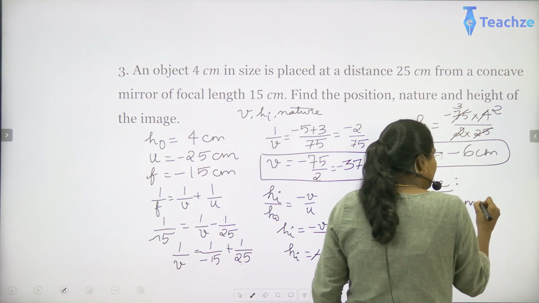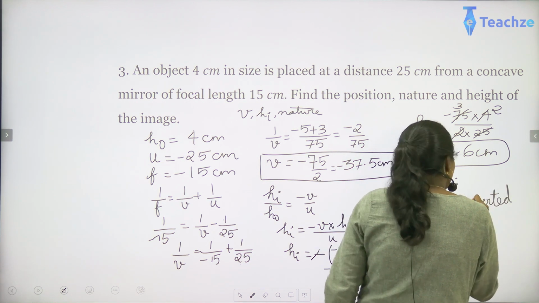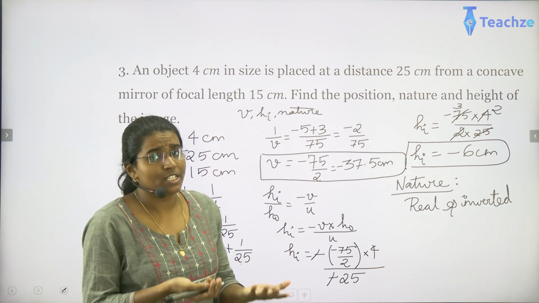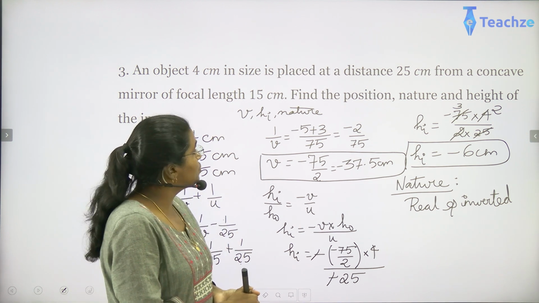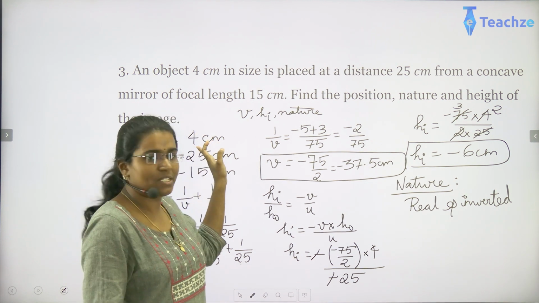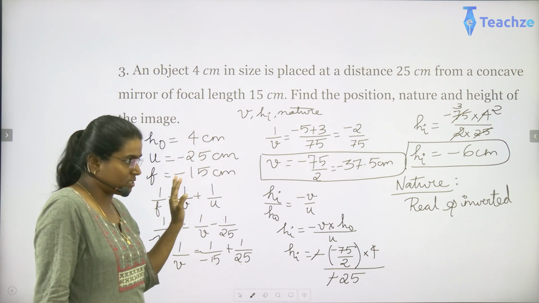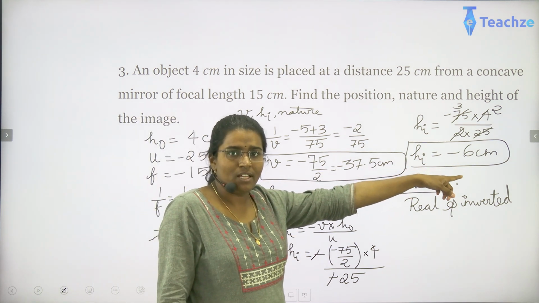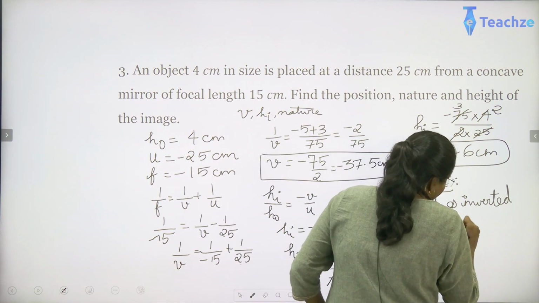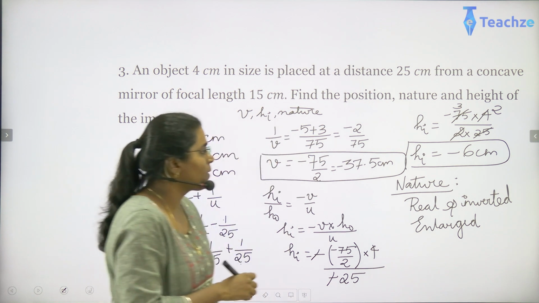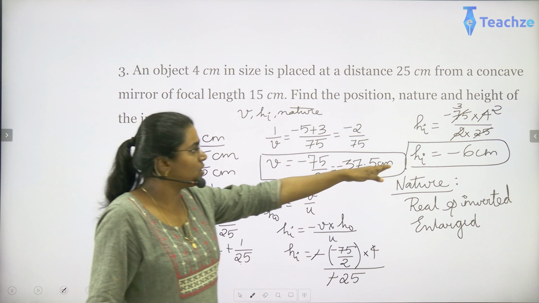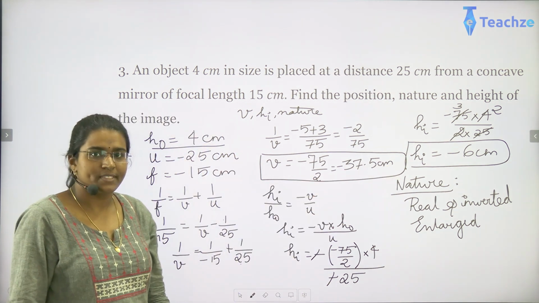So, real and inverted. Then, what else can I say? Whether it is enlarged or diminished. It should be enlarged. See, 4 centimeter is the height of the object, but 6 centimeter is the height of the image. So it is enlarged.